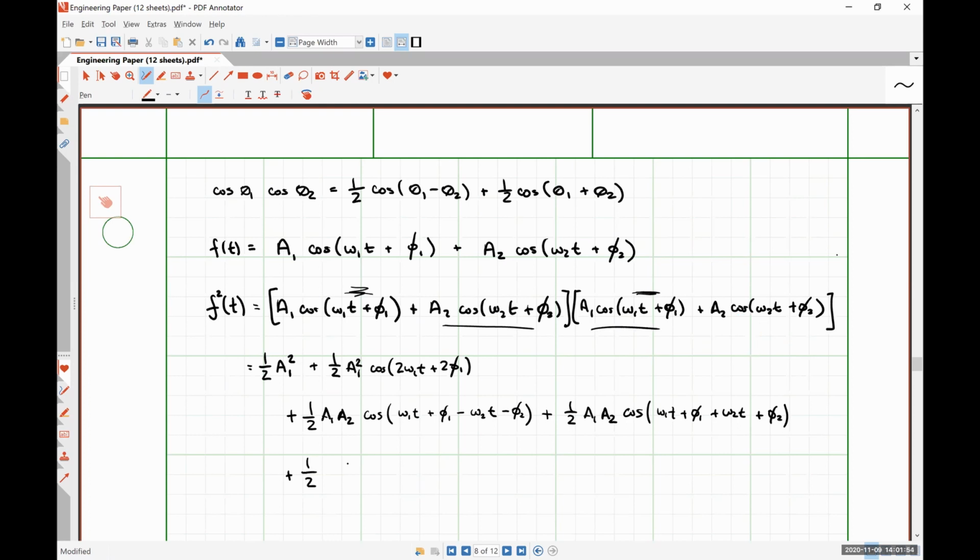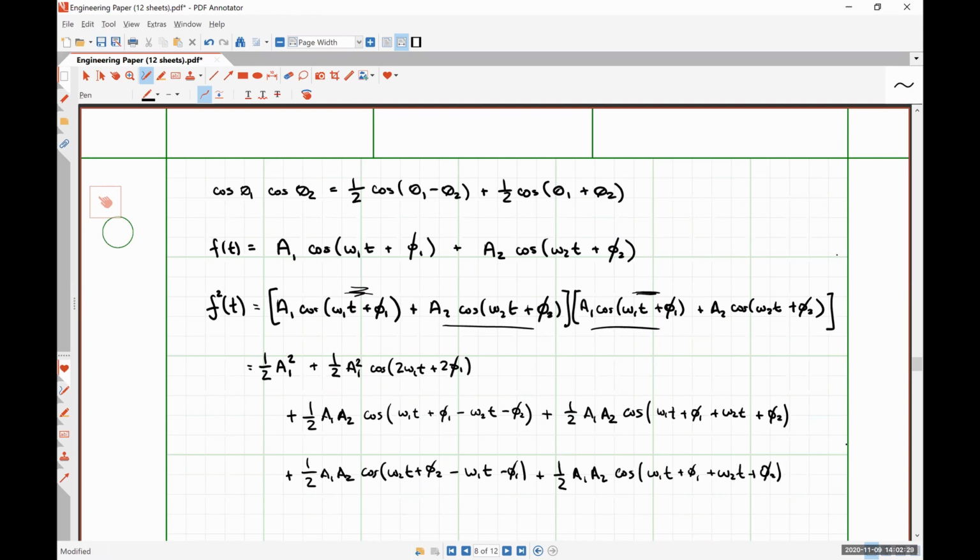So that's going to be 1/2 a1 a2 cosine of omega 2t plus phi 2 minus omega 1t minus phi 1, plus 1/2 a1 a2 cosine of omega 1t plus phi 1 plus omega 2t plus phi 2.